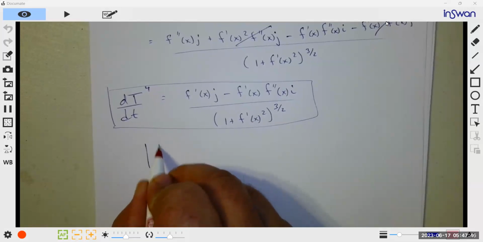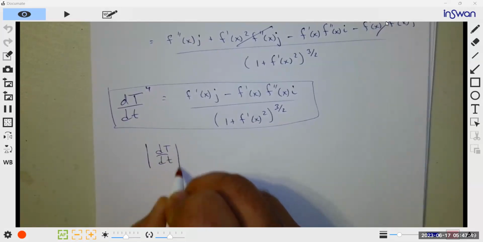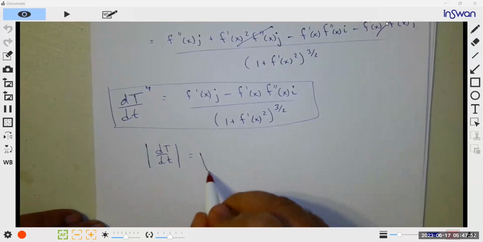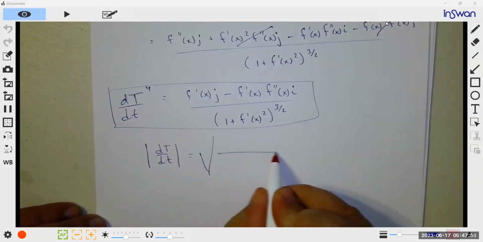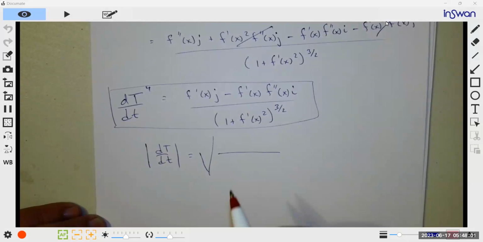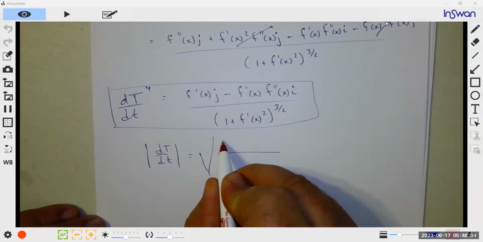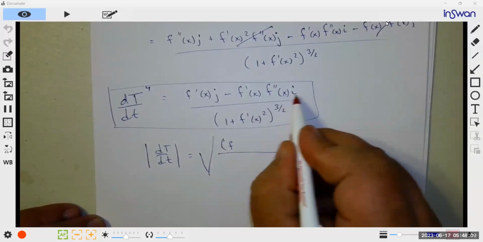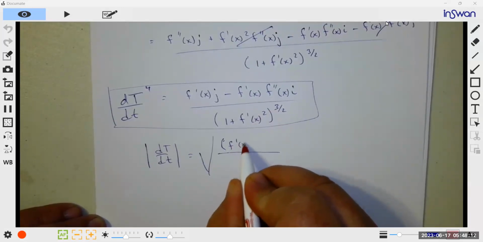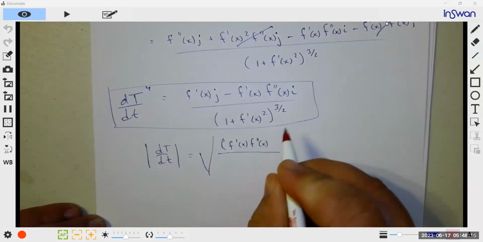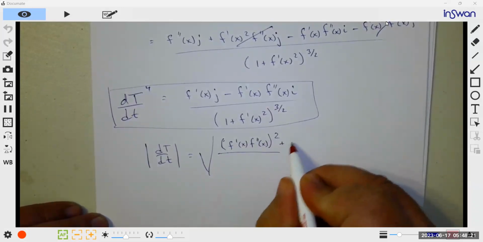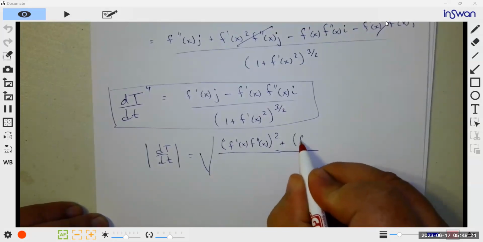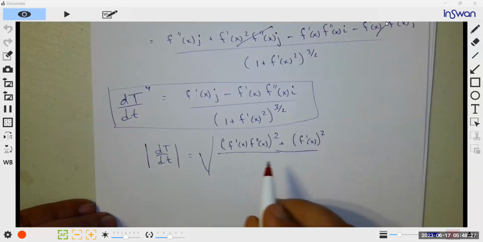Now the magnitude of dT/ds. Well, the i component should go first, and the minus makes it plus, which makes this one f prime of x squared.